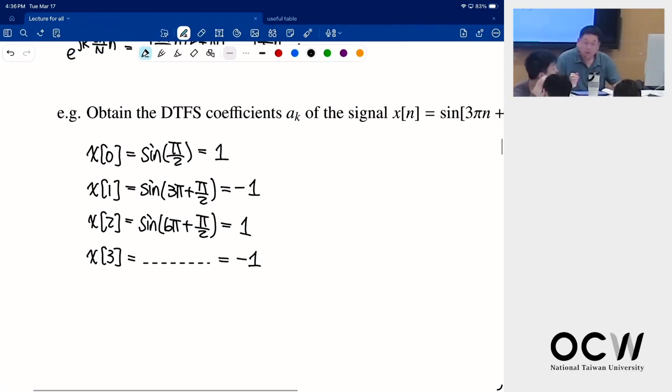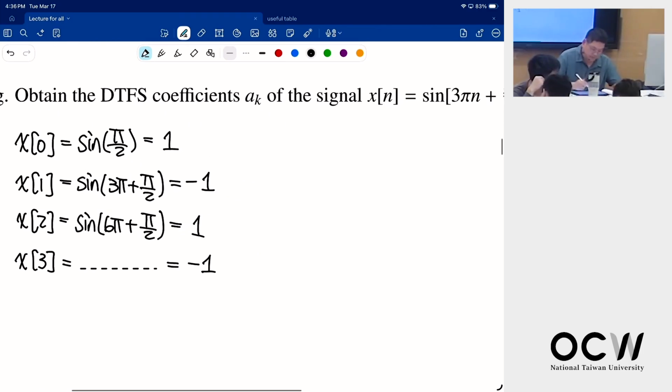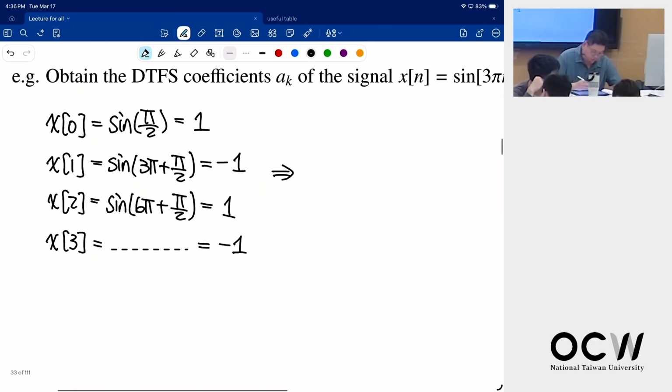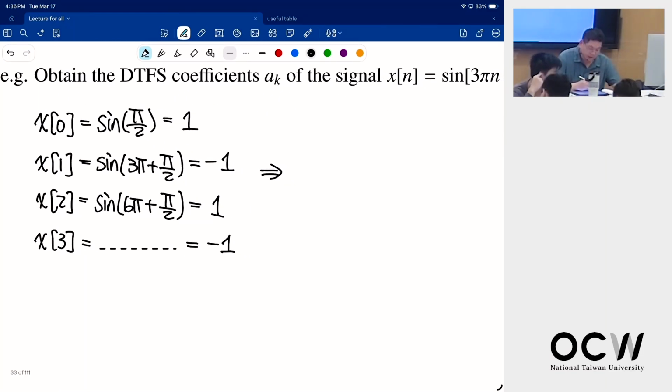So, what is the fundamental period? You can do that x of 4, 5. Then you should observe, what is the fundamental period? The value repeats again. No, the fundamental period.